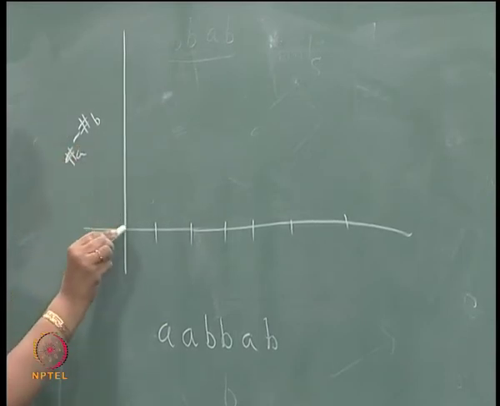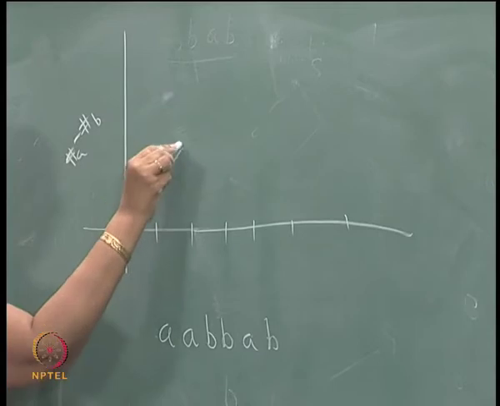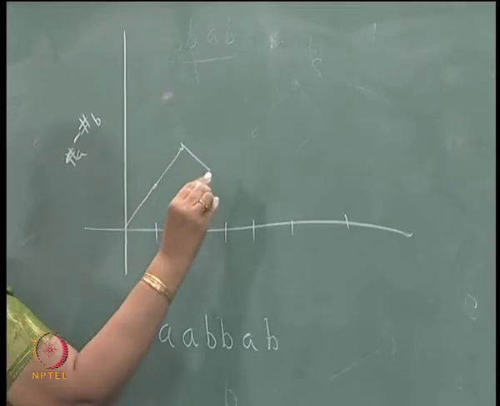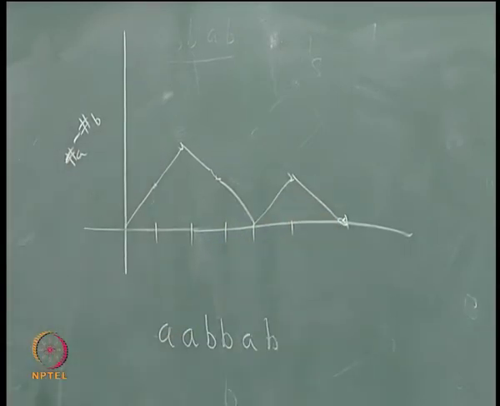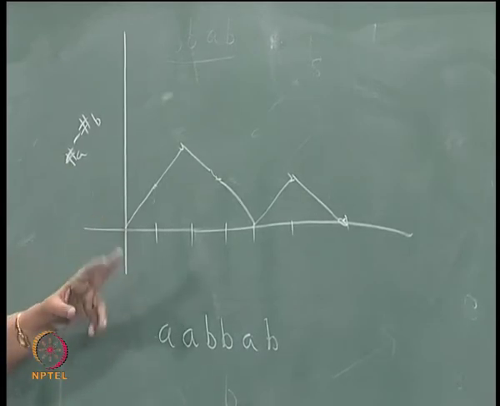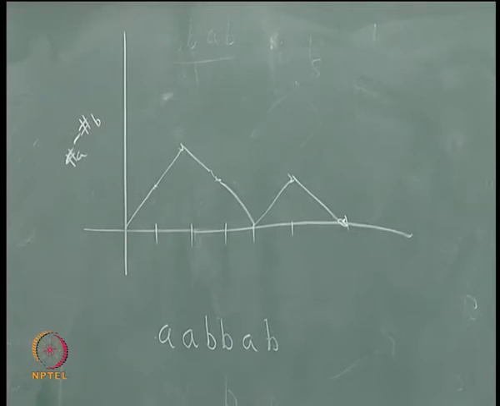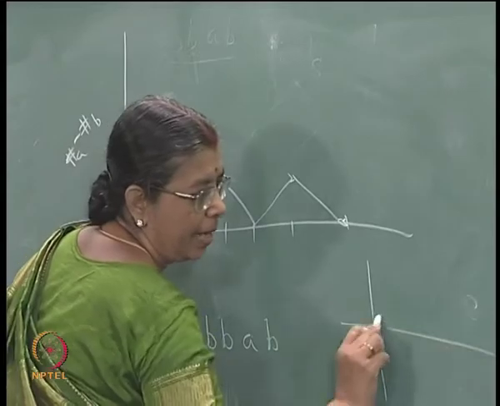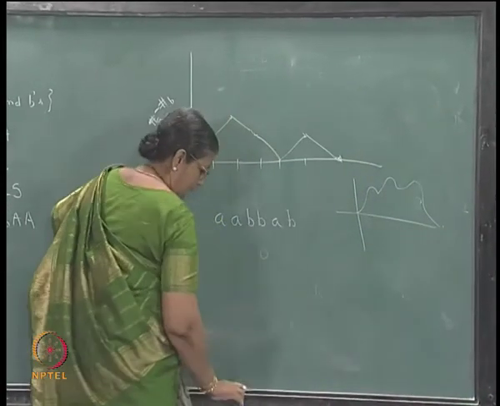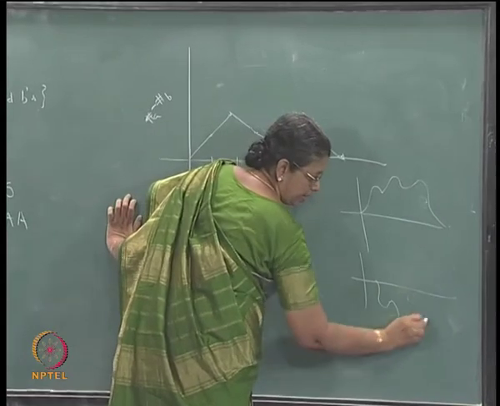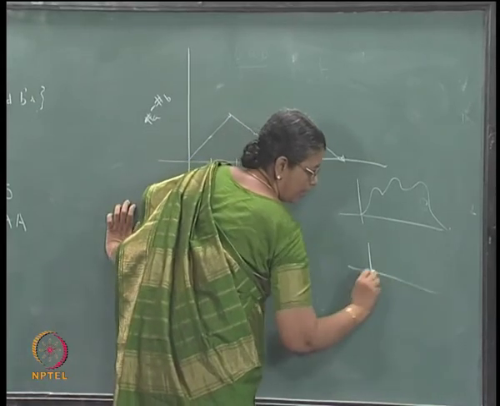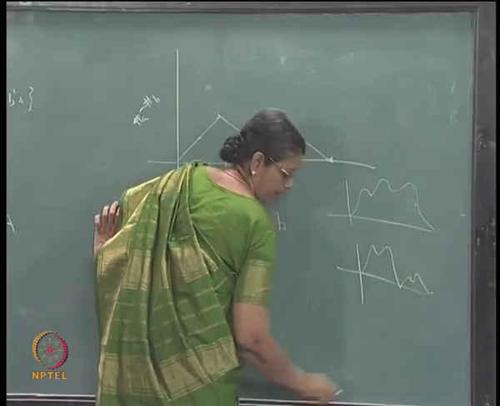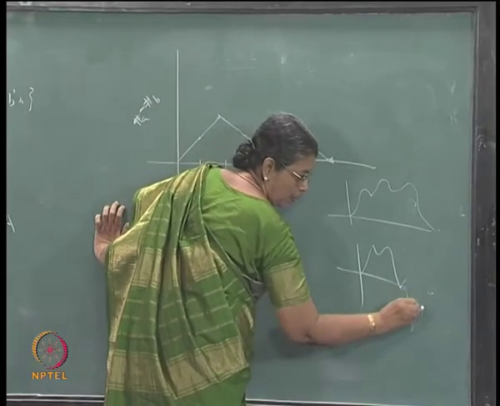The number of A's minus B's as you go along the string will be A, B, B, A, B. Because the number of B's is equal to the number of A's, it will start at the origin and it will touch the x axis in the end. In between there are several possibilities. The diagram may just be like this, or it can be like this, or you may have something and then something, or this portion even may go below this.